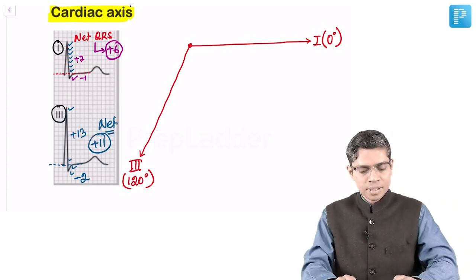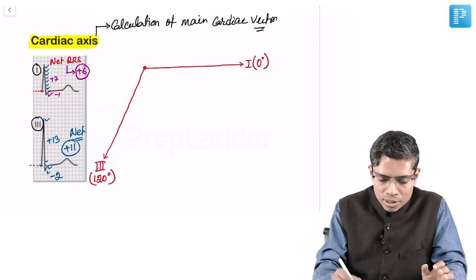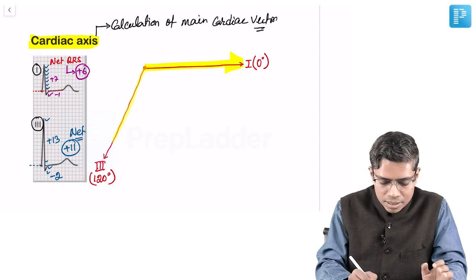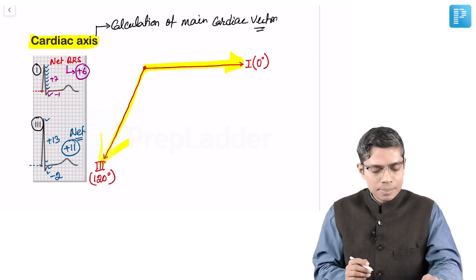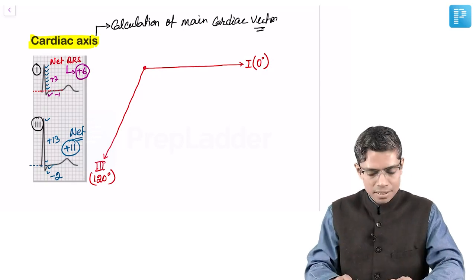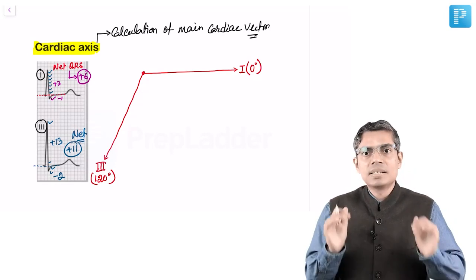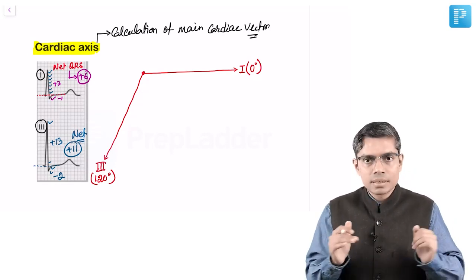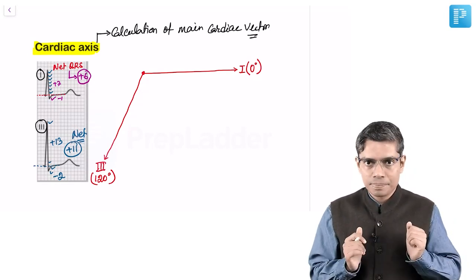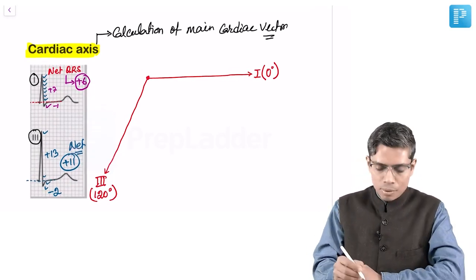Both are plus, so I have to plot them in this direction. But if they are negative, we know we have to plot them in the other direction. Now think of lead 1 and lead 3 placed on a graph paper. I have to plot plus 6 on lead 1.